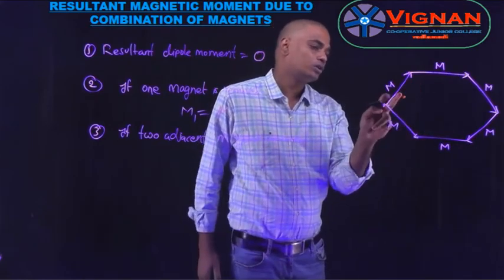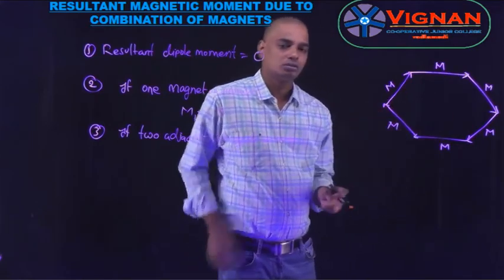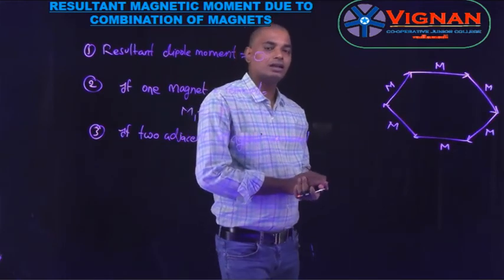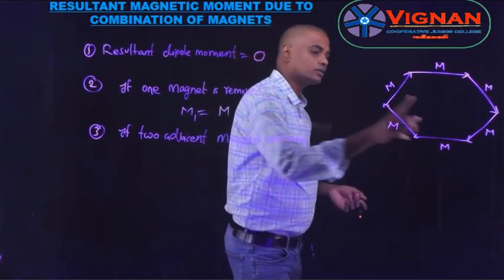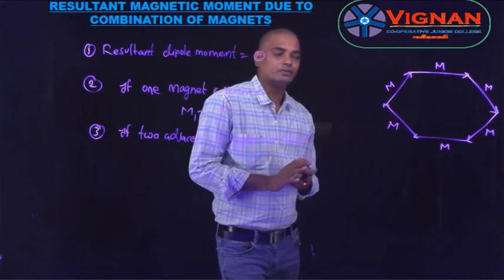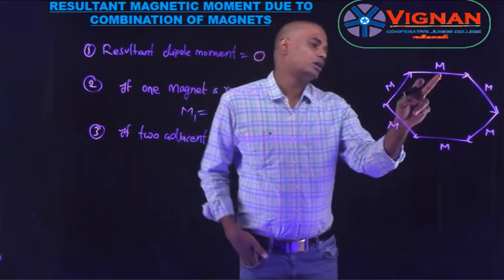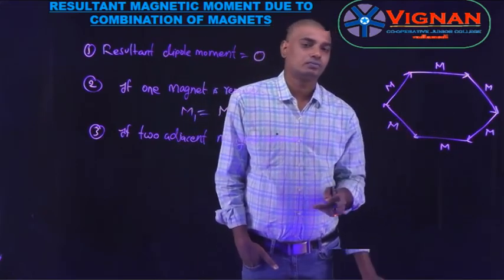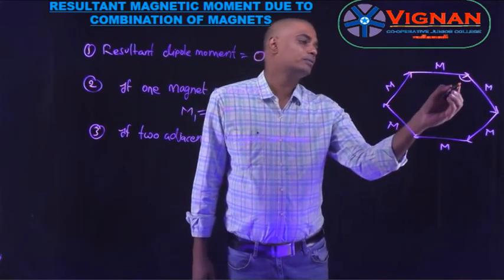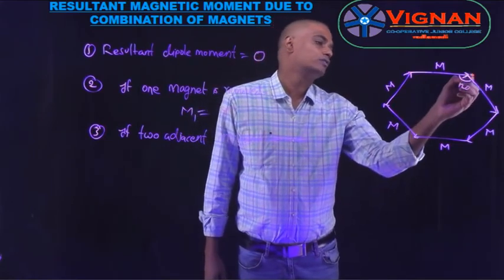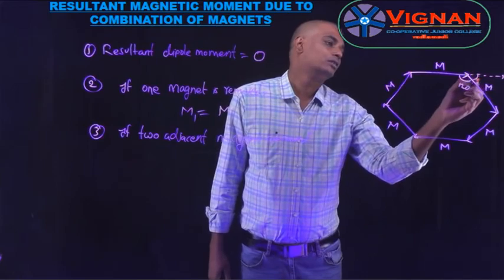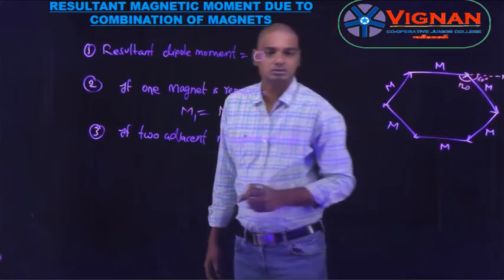Out of these 4, these two are equal and opposite. Therefore, because of these two, the resultant will be 0. The only remaining bar magnets are these two. Here, the angle between them is 120 degrees. Therefore, the angle here will be equal to 60 degrees.